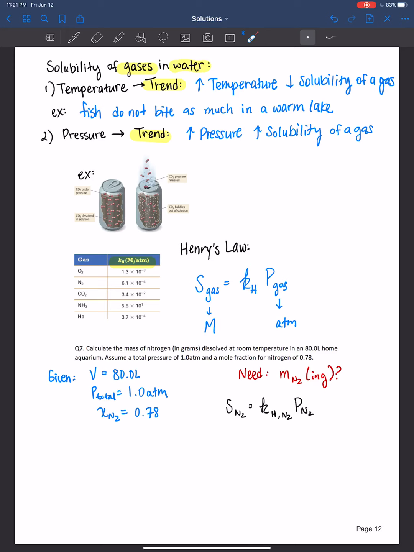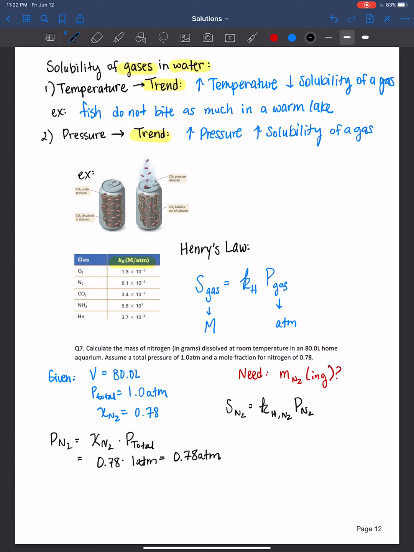To find the partial pressure of a gas, what do you need to do? Got to use Dalton's law, and the partial pressure of nitrogen is equal to the mole fraction of that gas times the total pressure. The mole fraction was 0.78 and the total pressure was 1 atmosphere, and so the partial pressure of nitrogen is 0.78 atmospheres.